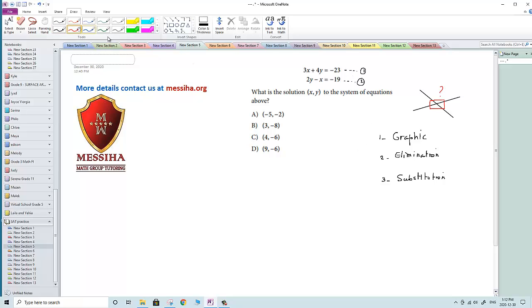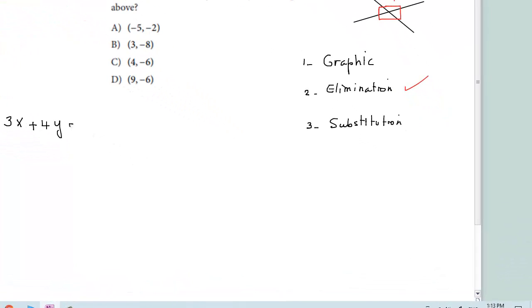For me, when I see 4y positive and 2y positive, I can change equation number 2 to make it negative 4y, then add the two, and use the elimination method. So let's see, equation 1 is saying 3x plus 4y equal negative 23.